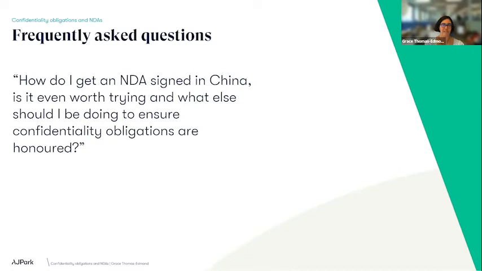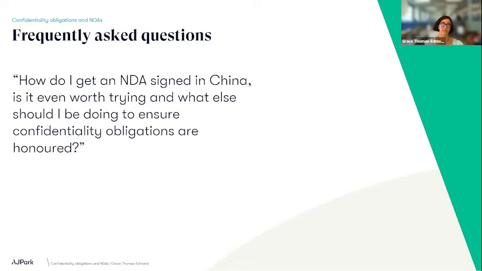Make sure you're actually dealing with the entity you think you're dealing with, that you're using their proper registered company name, and that you're getting the proper person to sign the documents. They can always help you. That's not to say it's without risk. It's a market where there is more risk, but I do think it's getting better.